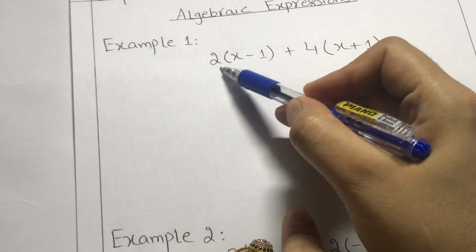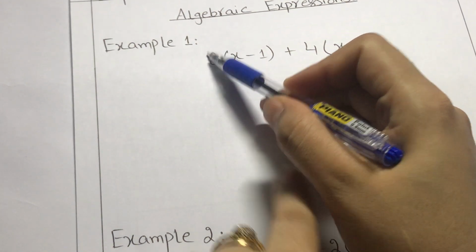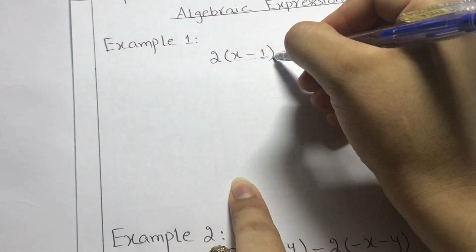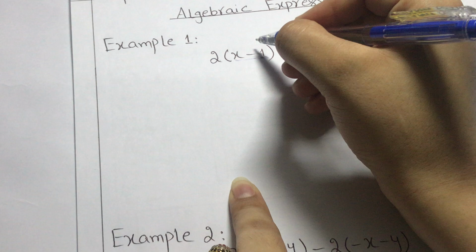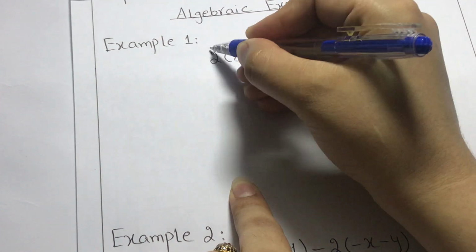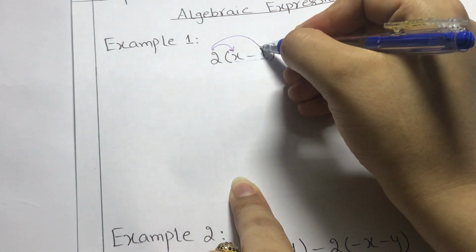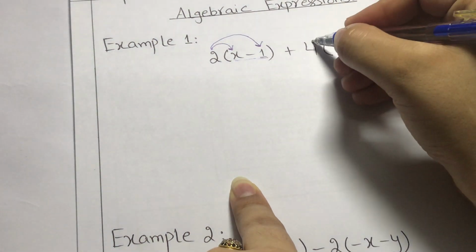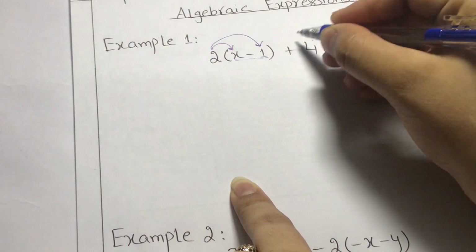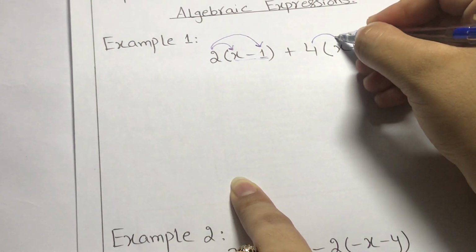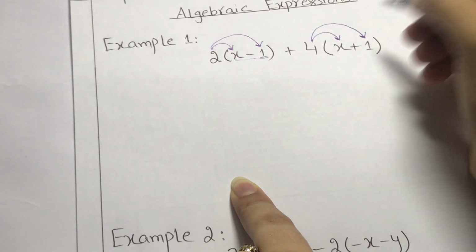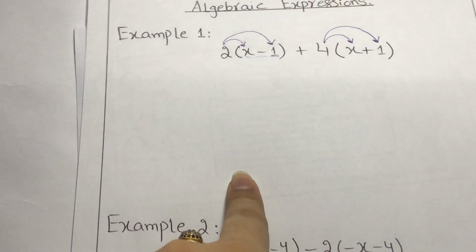When there is a multiple outside of the bracket, you all know that it's the multiple of this complete linear algebraic expression, and you have to multiply it with all the terms inside the bracket. Always use the arrows. Similarly, with this linear algebraic expression, your multiple is 4 and you have to multiply this 4 with both the terms inside the bracket, right?